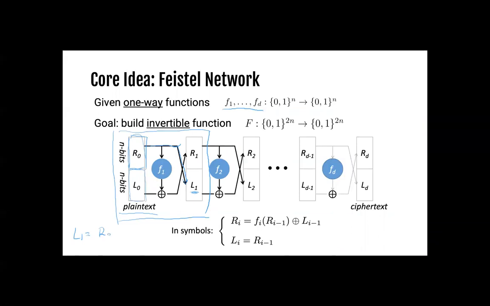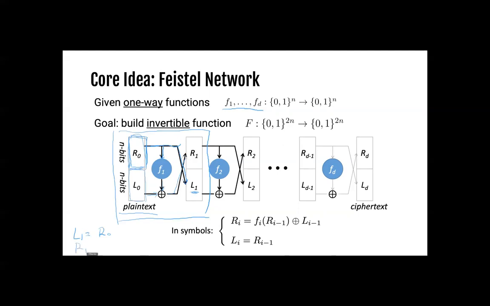And then R0 goes into this one-way function, and then it is XORed with L0. After this, the output goes to R1.